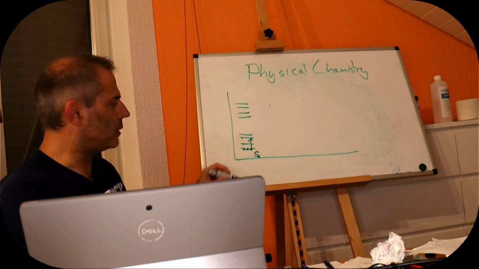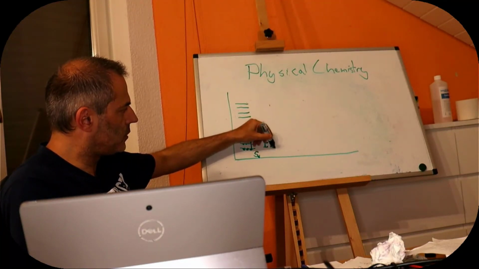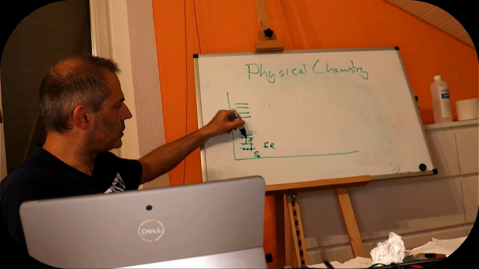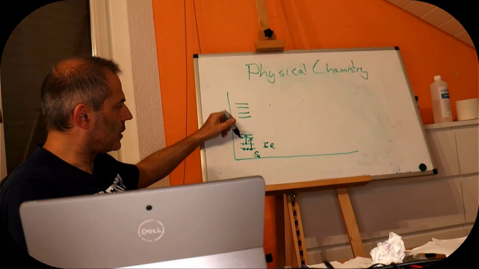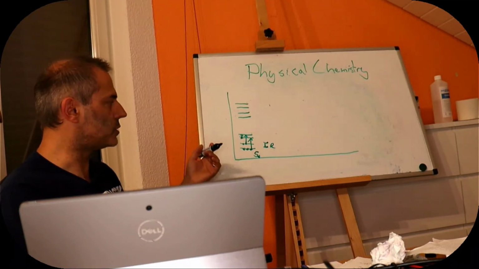So that would be IR, and because we have excited states, we can also do this transition and this one up here. So we generate excited state transitions too.